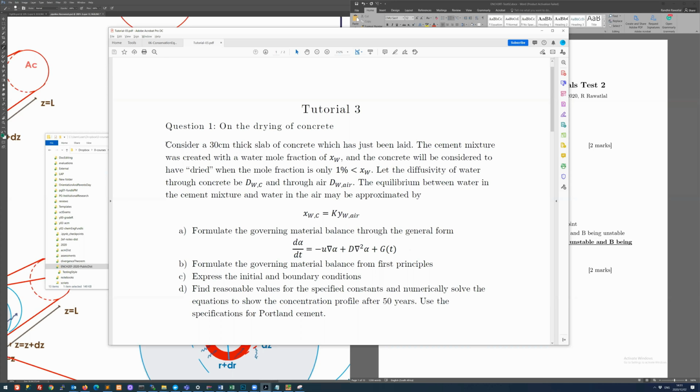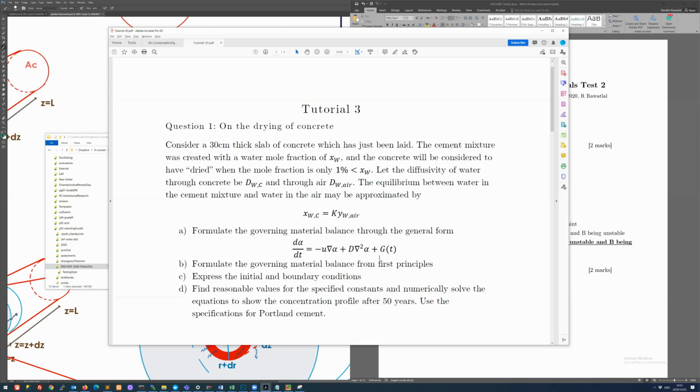So you read the problem, you figure out what type of problem it is, you figure out the geometry. Well, I've told you what the geometry is, but let's assume I didn't do that. So if you read the problem, then you figure out what variables are important, and then you go ahead and find the specific form of this equation. And once you do that, then you go ahead and propose boundary conditions, and then that's basically considered the problem solved.